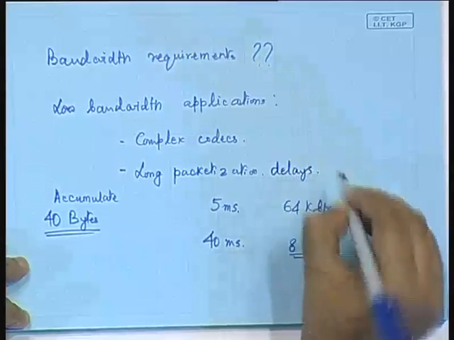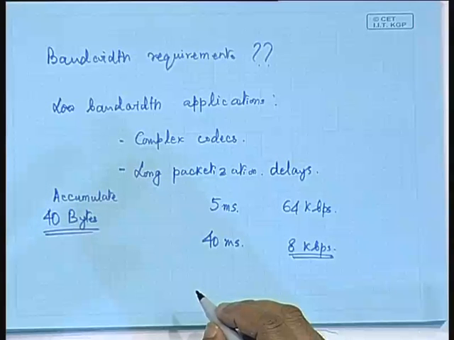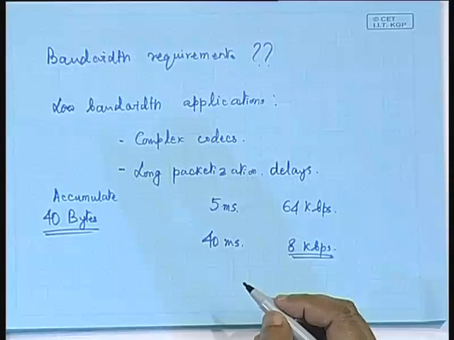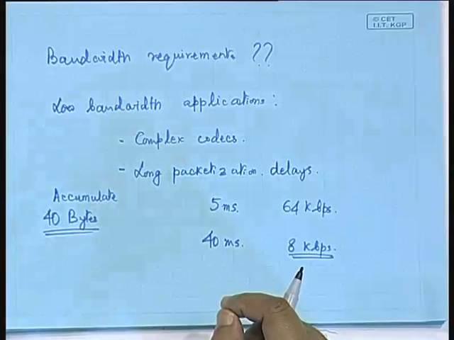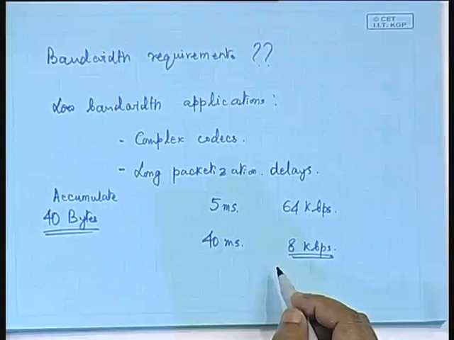That is quite evident. And how would you correct for this? In order to reduce the packetization delay at a lower bit rate or low bandwidth application, you have to reduce the size of the packet.